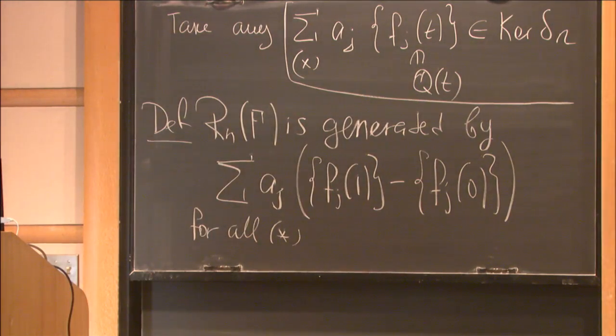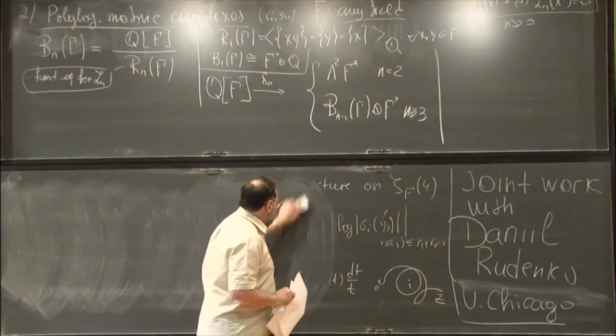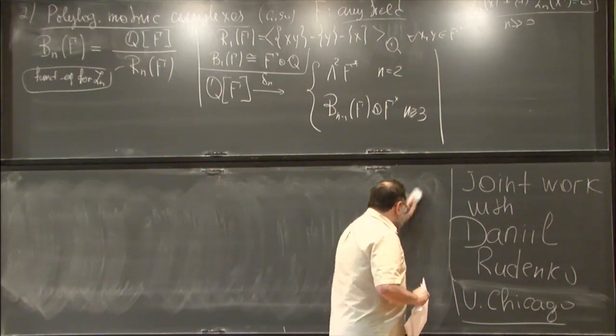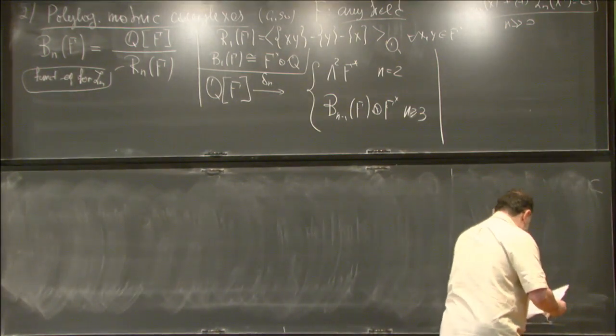And now, after that, one proves that this is what we are looking for, in the sense that the classical polylog kills this subgroup in the case when F is a complex field.